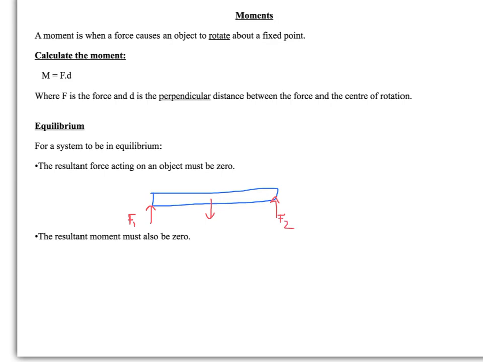So if it's going to be in equilibrium, the forces up must equal the forces down. So F1 plus F2 is equal to the weight force, or the mass times g, whichever way you want to express it. That's showing the resultant force being zero, so the force up is equal to the force down. Now let's have a look at a moment example.